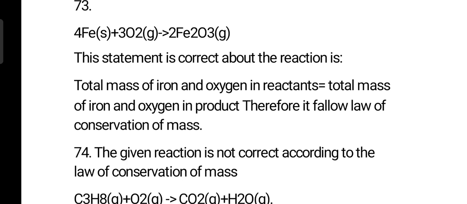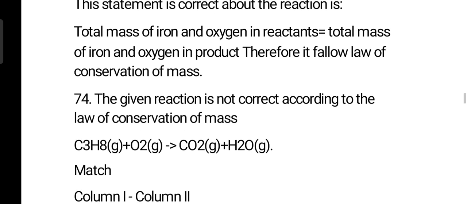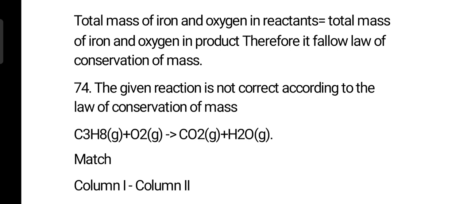4FeS plus 3O2 gives 2Fe2O3. The statement correct about the reaction is: total mass of iron and oxygen in reactants is equal to total mass of iron and oxygen in product.